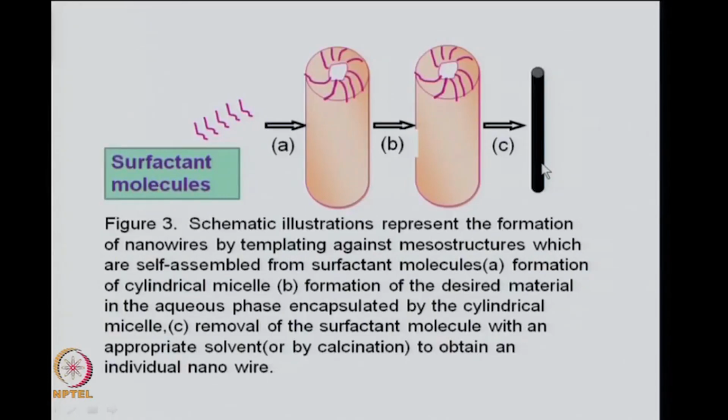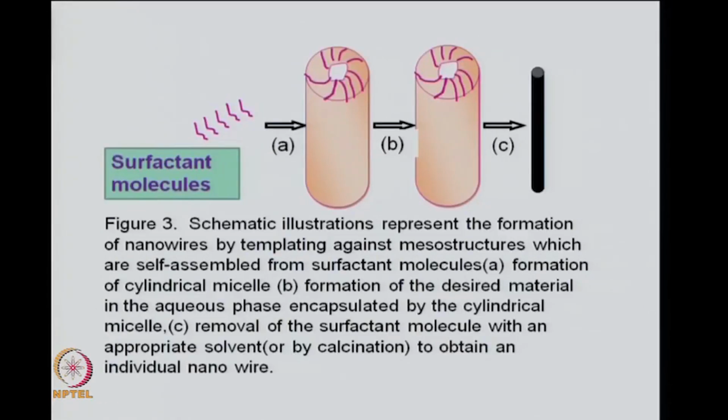So, this is the templating effect. This is aggregation of the surfactant molecules to form the template which looks like a cylinder. Then in step B, you add or form your desired materials within this cylinder. And after stage C, you remove whatever is outside and you are left behind with the material which you have made inside this aggregated surfactant molecular structure.